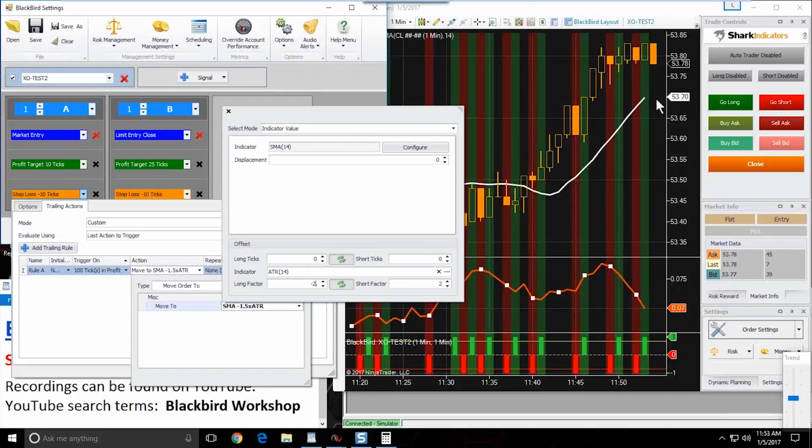That would set our stop loss down around here, around 56. That's where our stop loss would be evaluated, right? So again, the offsets allow you to take your indicator value and just add an offset.